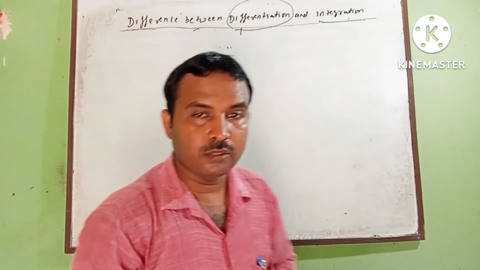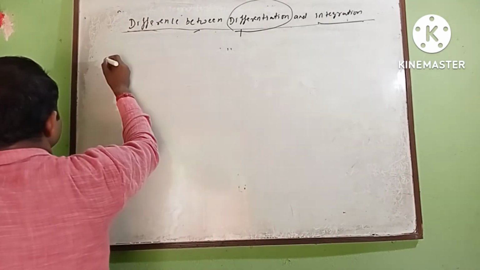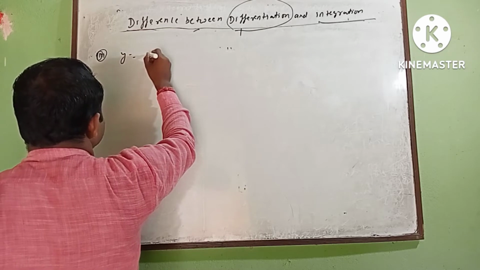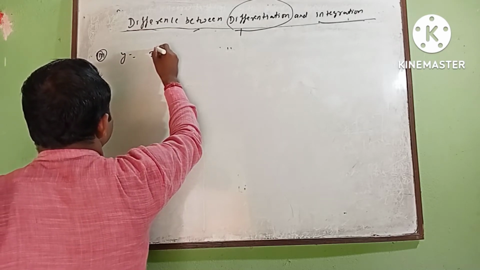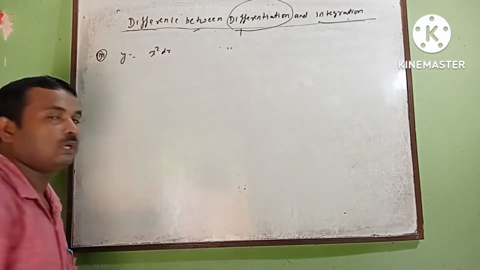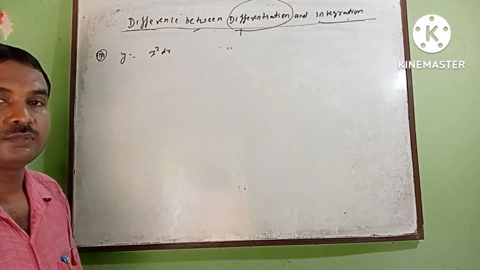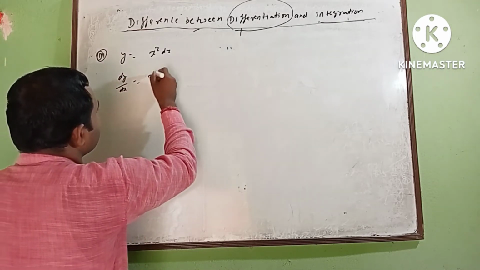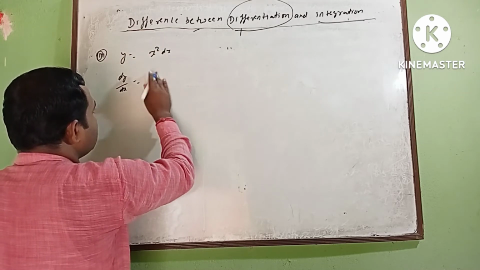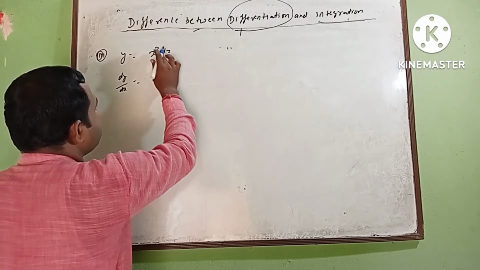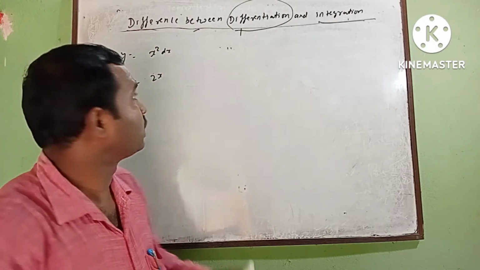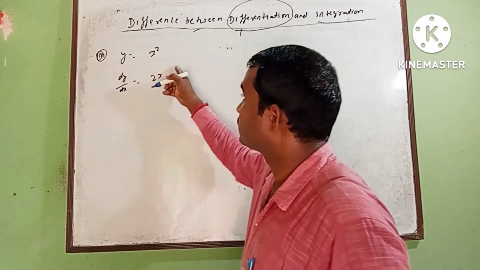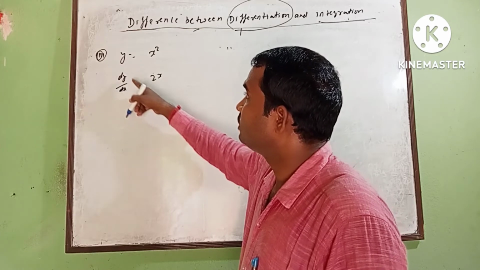In differentiation, suppose we have a function, y is equal to x squared, then find dy by dx.